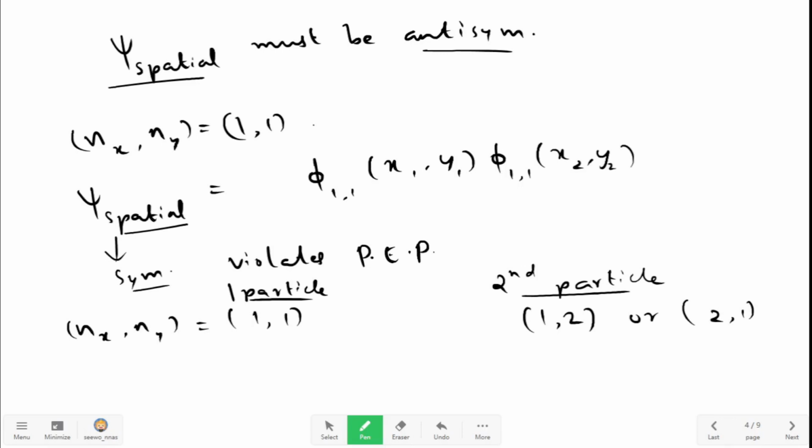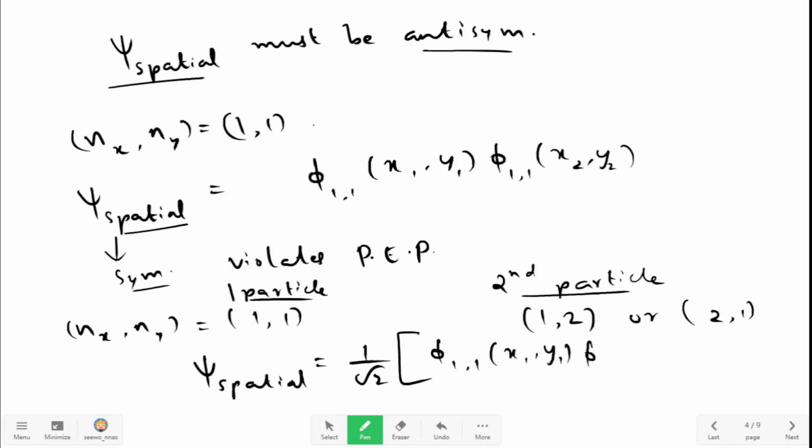In this case the two particle spatial wave function will be something like this: 1 by root 2 times (phi 1 1 x1 y1 phi 1 2 x2 y2 minus phi 1 2 x1 y1 phi 1 1 x2 y2).